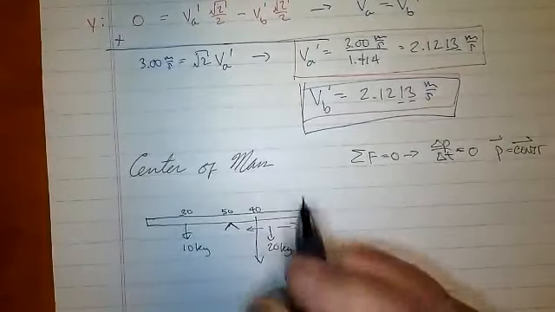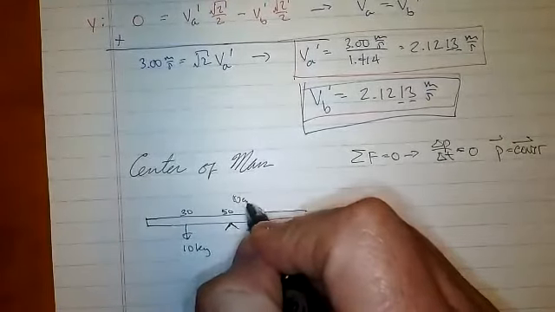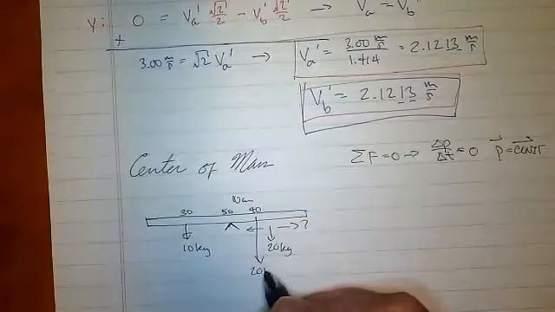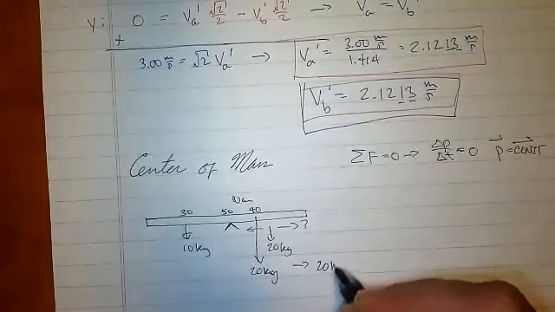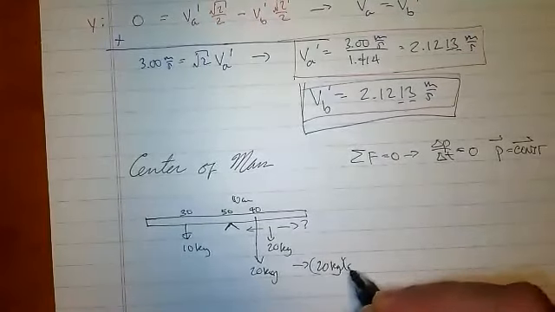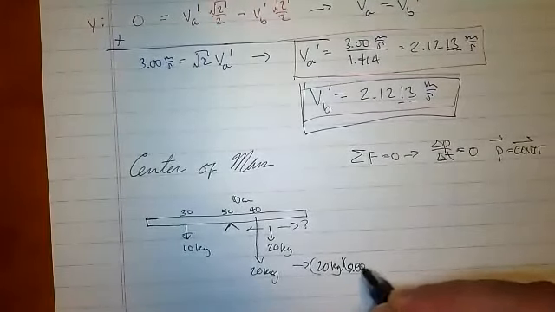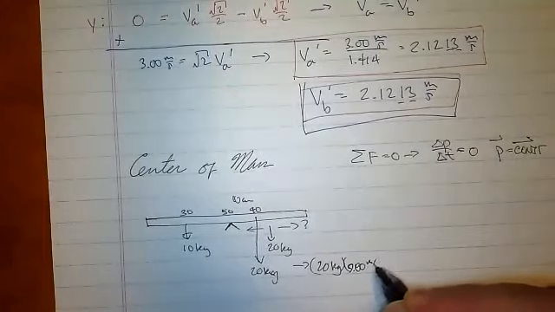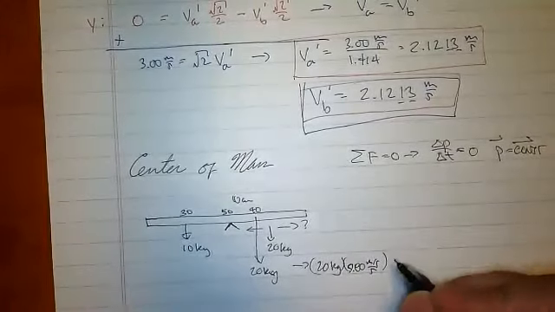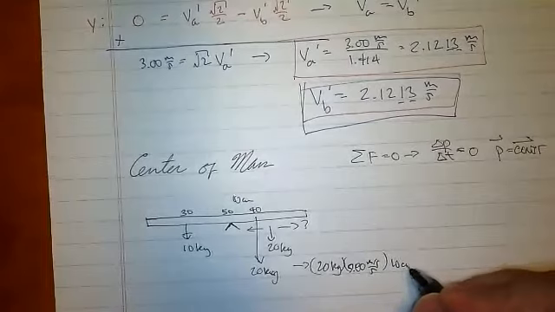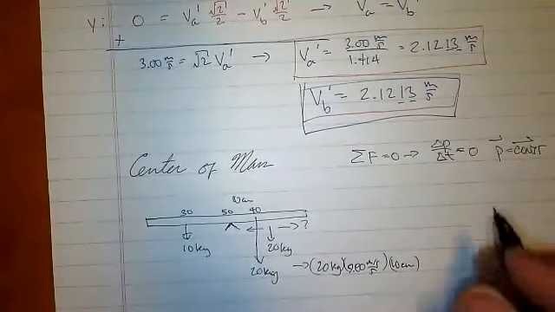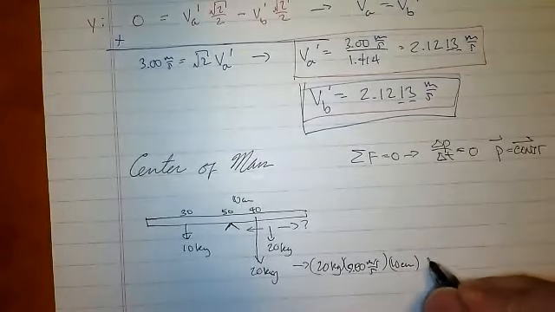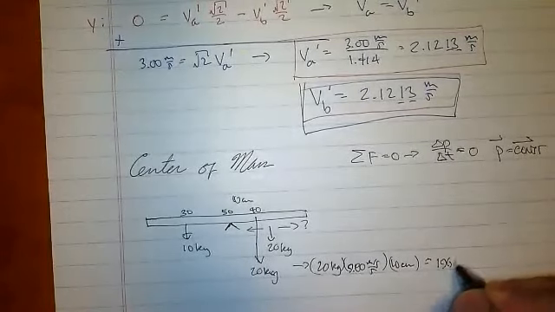Boom. And the reason why is this is 10 centimeters and this is 20 kilograms. So if you multiply 20 kilograms, which you might want to multiply by g, but you don't really have to, as you can see that unit's going to cancel out anyways, and then multiply that by 10 centimeters, you get 20 times 10, that's 200 times 9.8, that's 1,960.